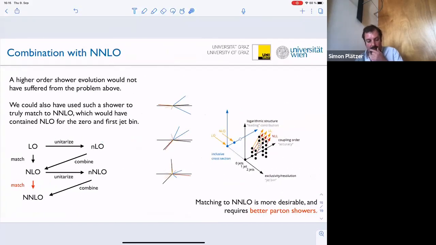So again, if we want to really improve on this for the first two jet multiplicities, and we would want to match to next to next to leading order in the same way we matched to next to leading order, that is only possible if we get better parton showers, which are really suited for including any doubly unresolved limits, which we would need to conquer the divergences we see in the next to next to leading order calculation.